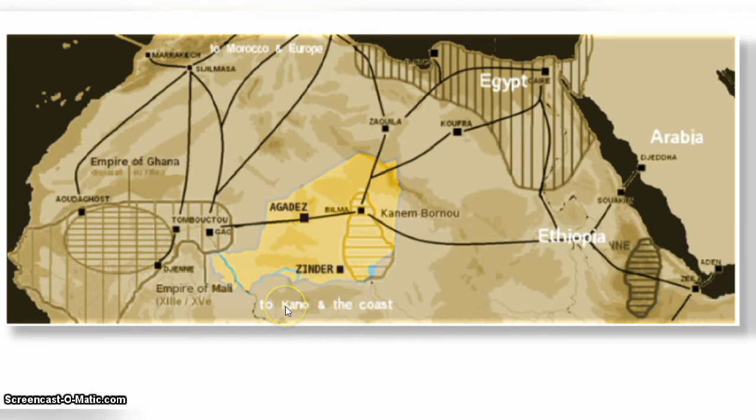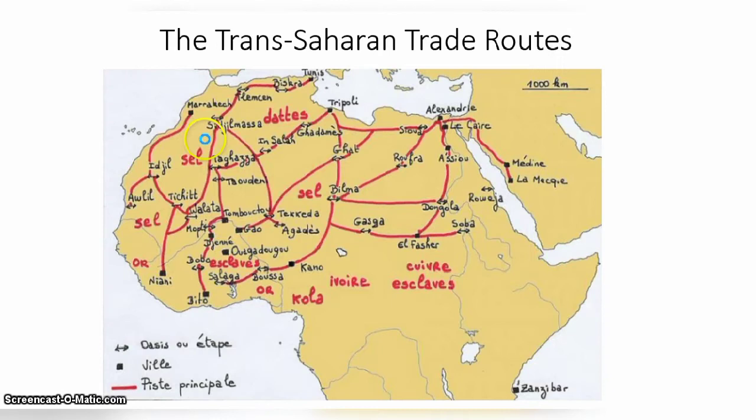And when we talk of Kano, we are talking about Nigeria. It's a state in Nigeria. So the trade really existed around this area because of the Ghana Empire and the Mali Empire. Great.